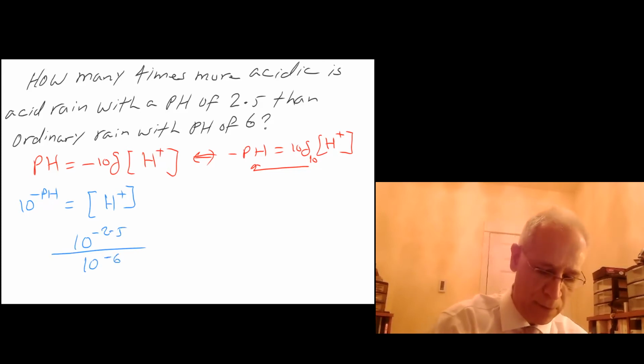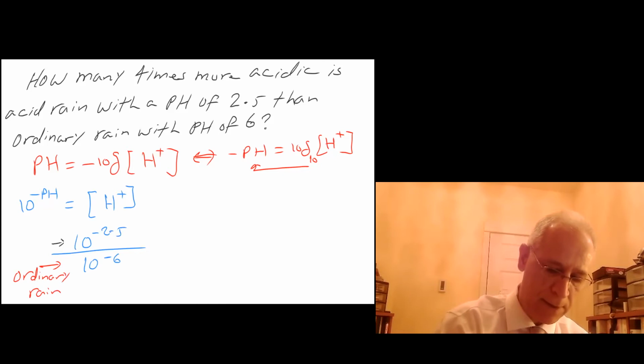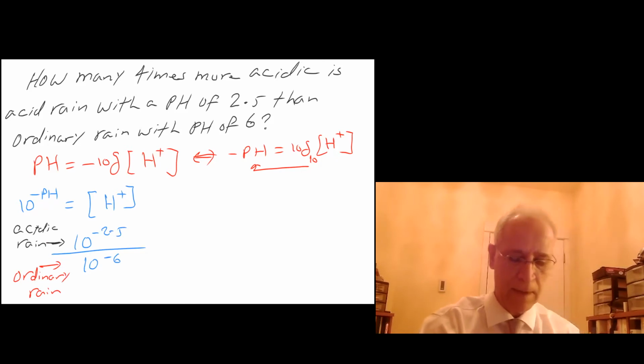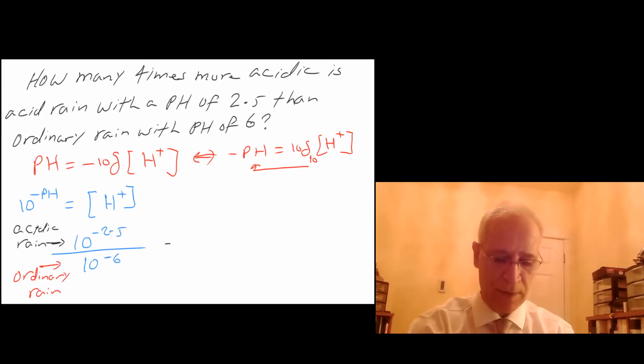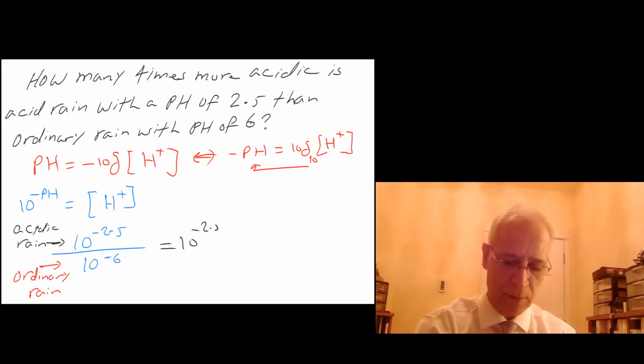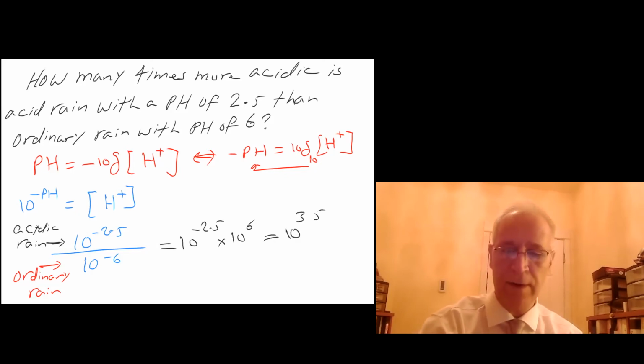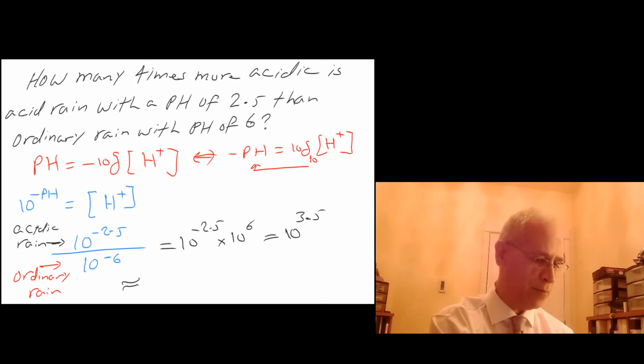Remember, the denominator was for regular, ordinary rain, and the numerator was for acid rain. If I simplify this, it is the same as 10 to the negative 2.5 times 10 to the power of 6, and that gives me 10 to the power of 3.5.